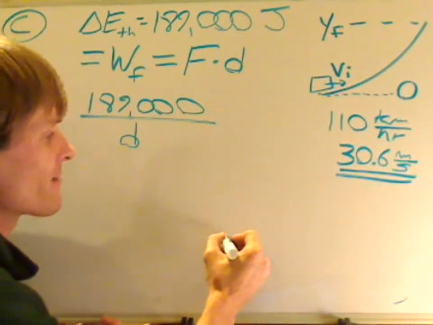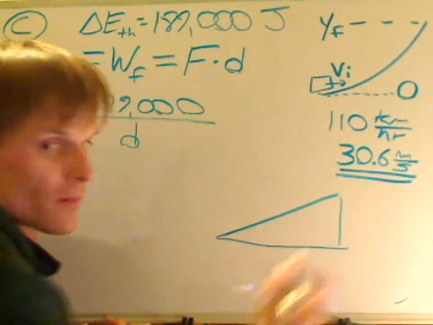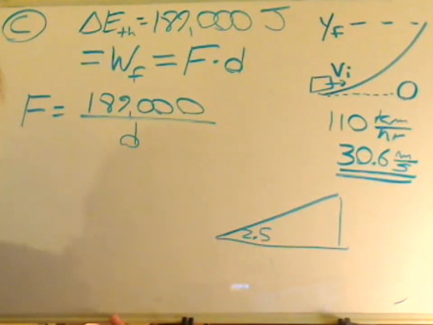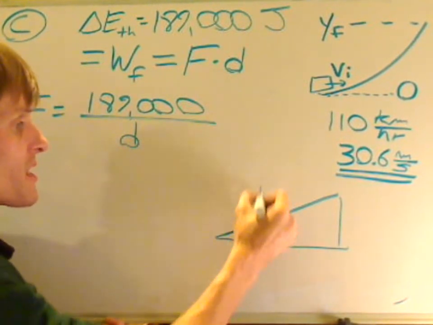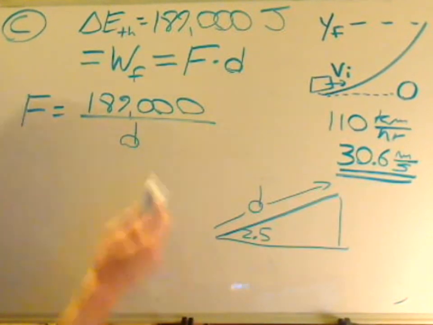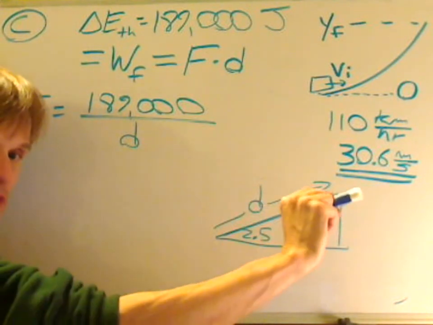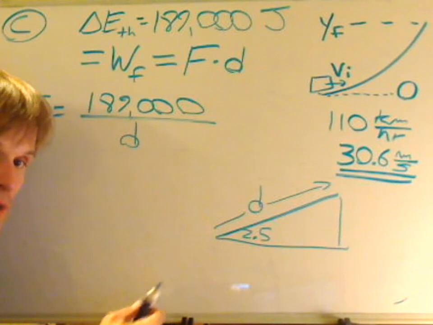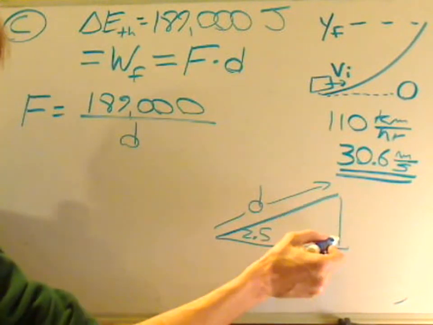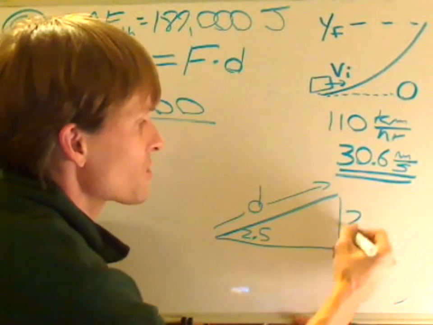Now, this is where we have to do a little bit of trig to figure this out. Let's say we have some incline here, a 2.5 degree angle. Here's our distance d, how far up the slope the car goes. Friction applies a force opposite the car's motion during that entire path. The height here, as we're told in part B, is 22 meters.